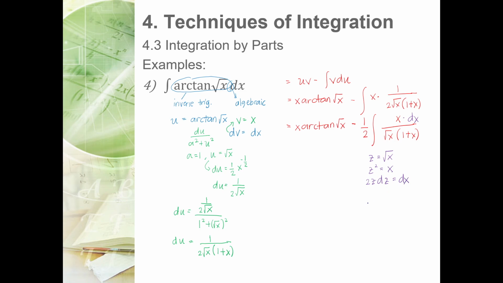Okay, so let's try to isolate the calculations first. So this becomes the integral of z squared multiplied by dx, which is 2z dz, divided by z times 1 plus z.